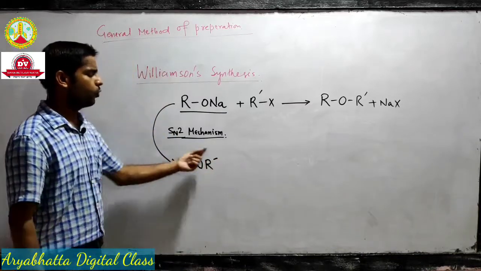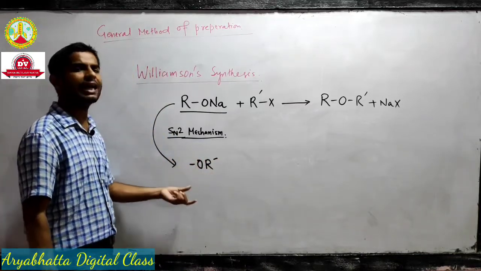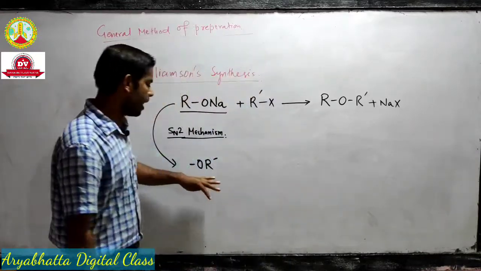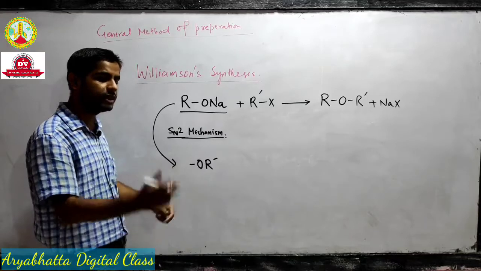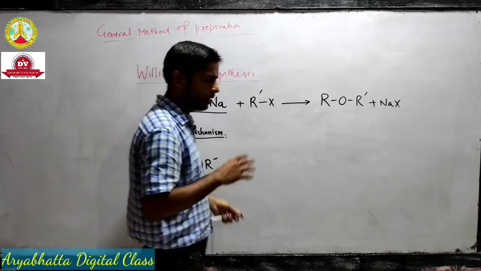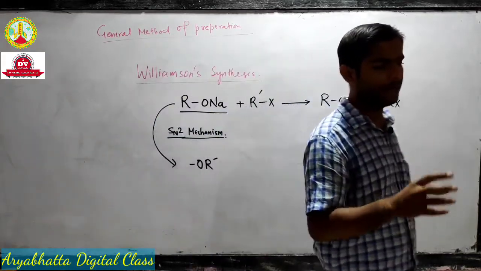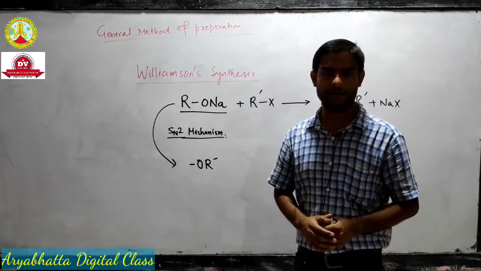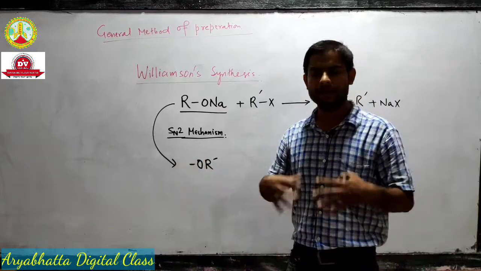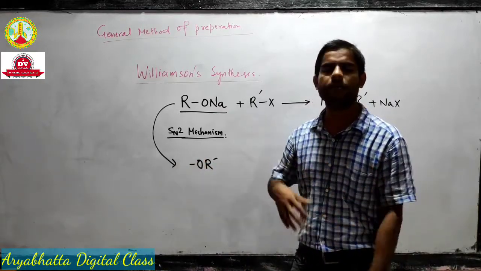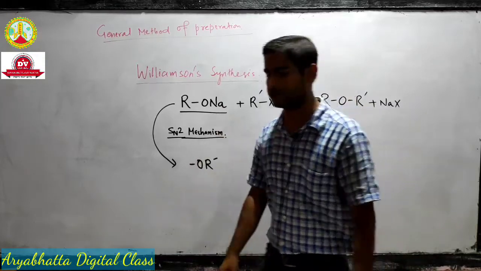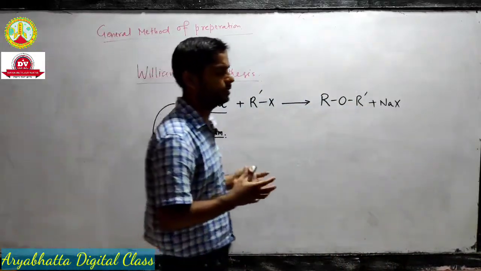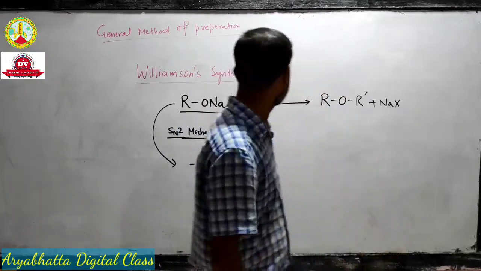It will give us OR negative, that means alkoxide ion, which is highly nucleophilic, and highly basic. We discussed in the acidity of alcohols that alkoxide ions are more basic than hydroxide ions. Since their basicity is high, so is their nucleophilicity, because basicity and nucleophilicity in most cases go together.